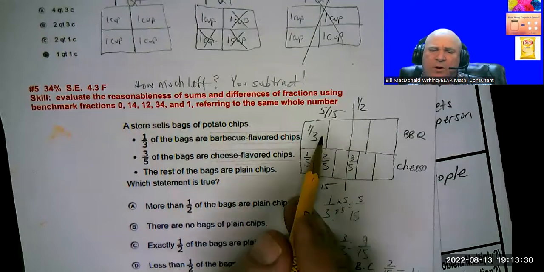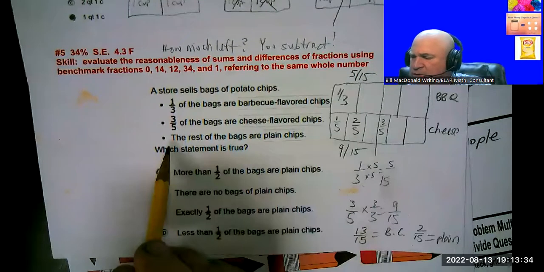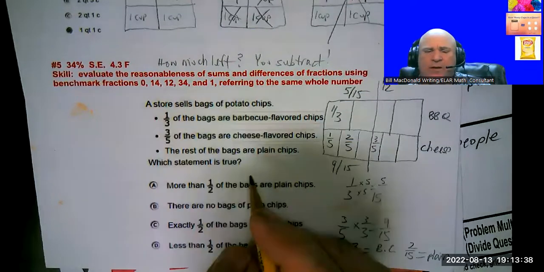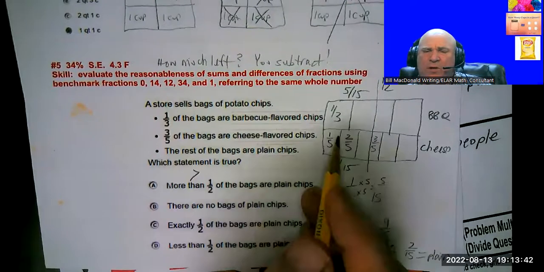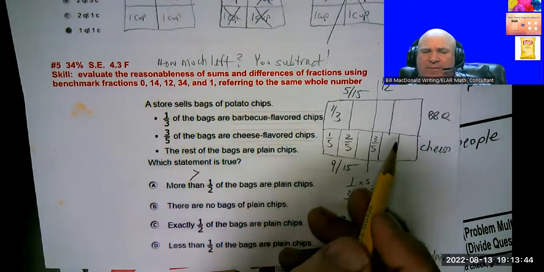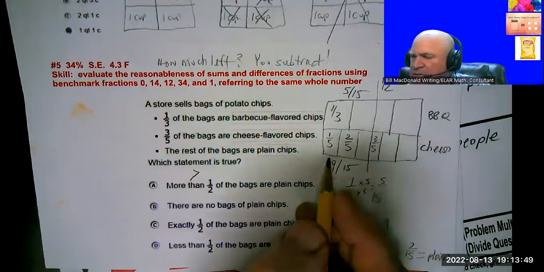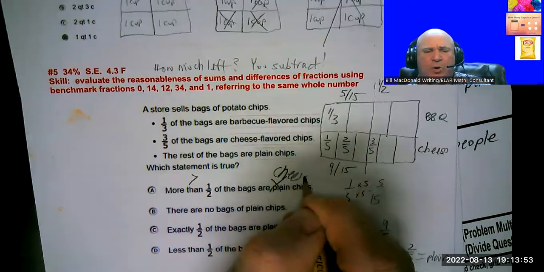So if there's more than 1/2 plain, well, that would not be true because more than 1/2 of the bags are cheese. So that makes that untrue. There are no plain chips.